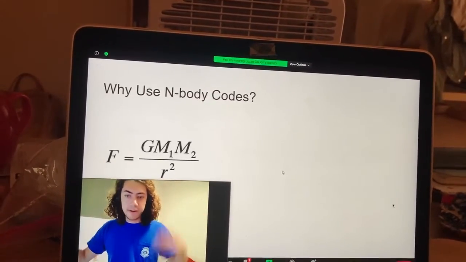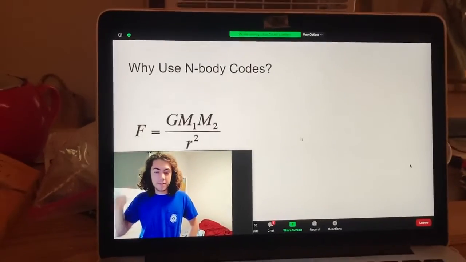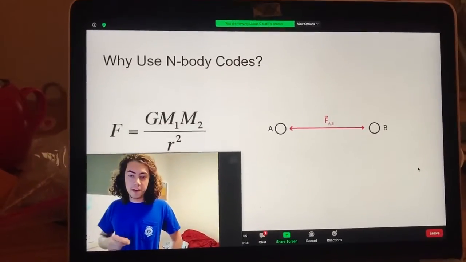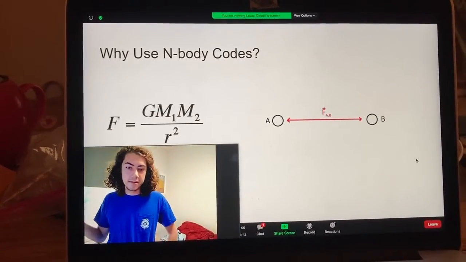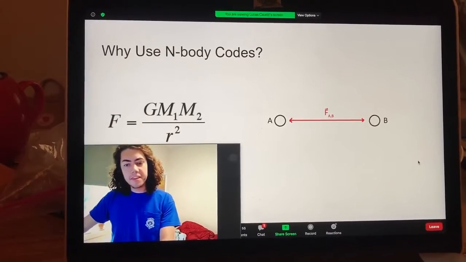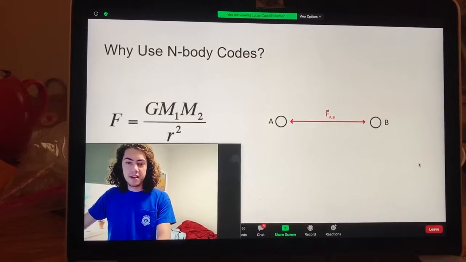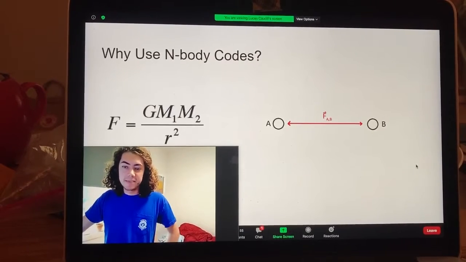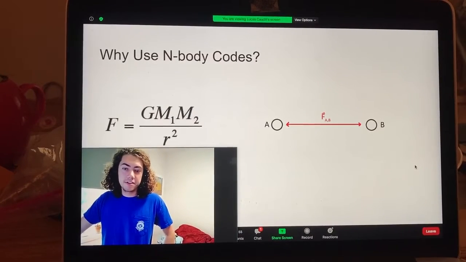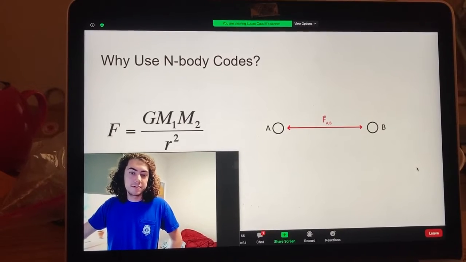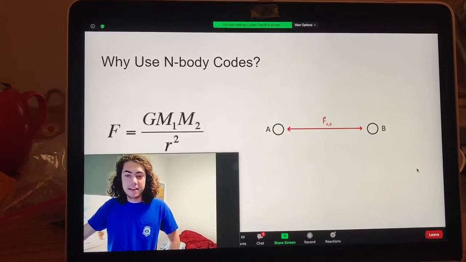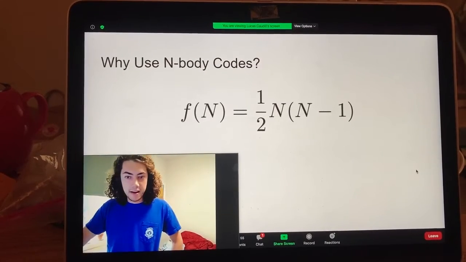So why do we use N-body codes? Well, here's Newton's law of gravitation. Most people here probably applied this to a two-body system. That's easy enough. The thing is that the N-body problem has a really, really bad scaling issue. The textbook Galactic Dynamics by Binney and Tremaine actually gives a function for the minimum number of force calculations required for an N-body system. That's this right here.